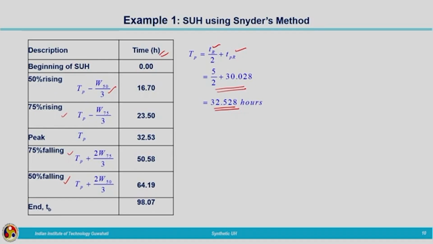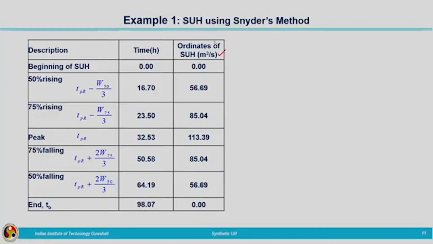We just have to take those values for plotting the synthetic unit hydrograph, that is Q peak and 75% of Q peak and 50% of Q peak. So, those values are given over here in this column. So, the ordinates of synthetic unit hydrographs are corresponding to QP, 75% of QP and 50% of QP.